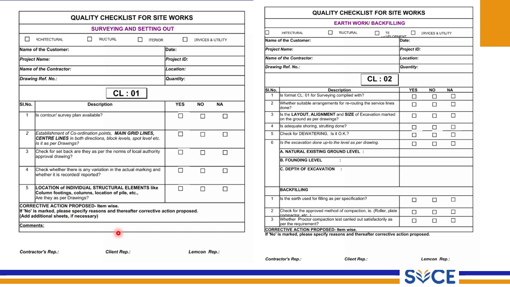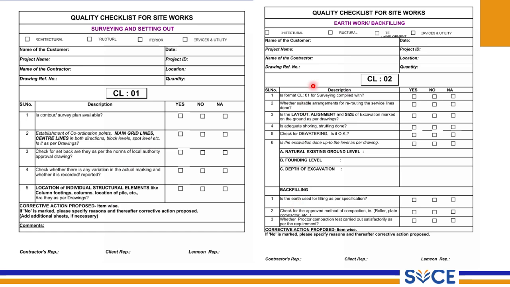We can add extra data, or we can mention it in comments. Comments are like remarks where you can communicate to the corresponding manager or engineer, whoever is responsible, so we can make sure it doesn't happen again. At the bottom, there is a signature for the client representative, contractor, and the company representative. It can be a manager, the project engineer, someone like that.